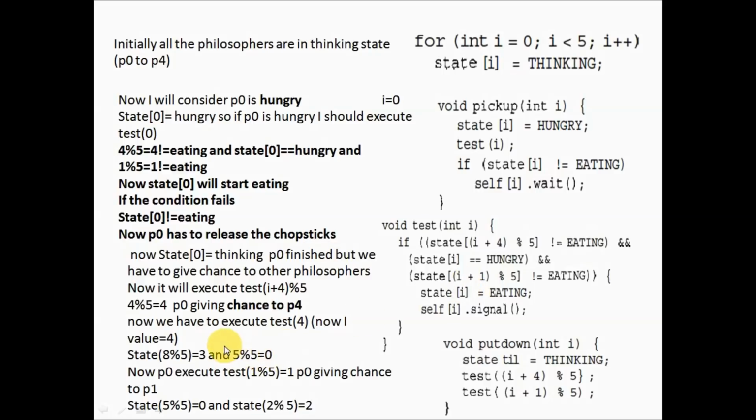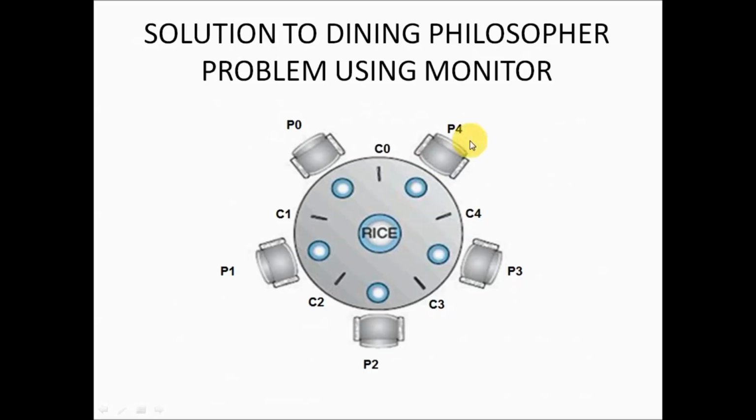0. For P4 to start eating, which chopsticks does it need? It needs a chopstick from philosopher 3 and philosopher 0. You can see the values are 3 and 0. How did I calculate it? For P4 to start eating, it needs chopsticks from P0 and P3.